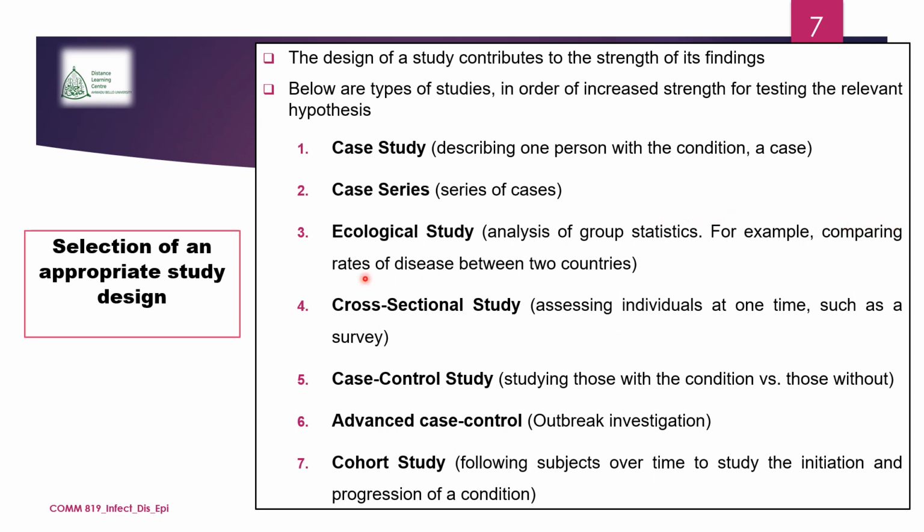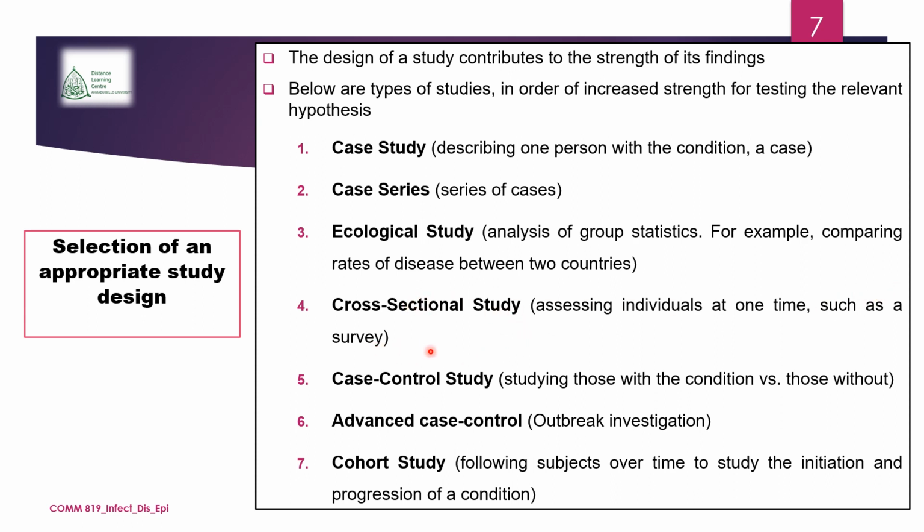For example, comparing rates of disease between two countries, 2 or 3 countries. There is an ecologic study. Then cross-sectional study. This is usually a one-time study where you just go out to the field and you just collect the data without any follow-up. Okay, that is assessing individual at one time, such as survey.